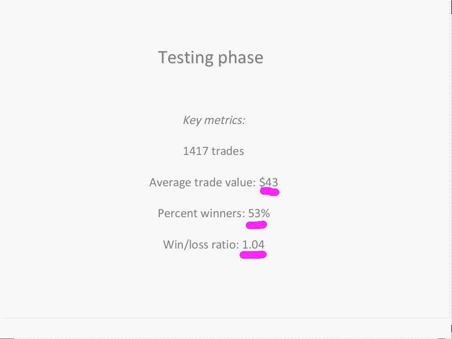So you can say that, due to this low win-loss ratio, we have these drawdowns.